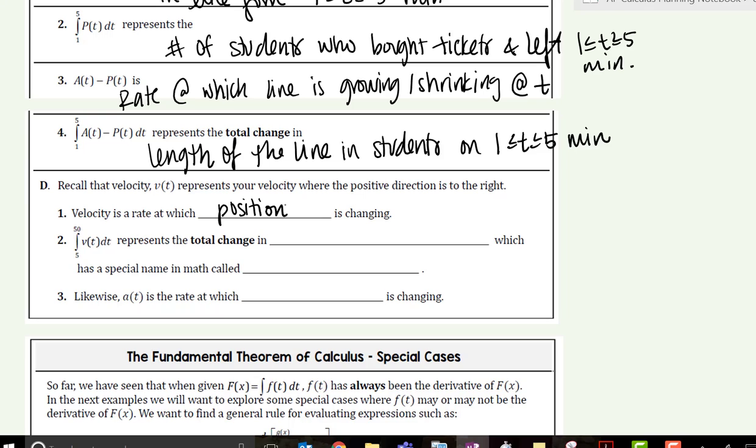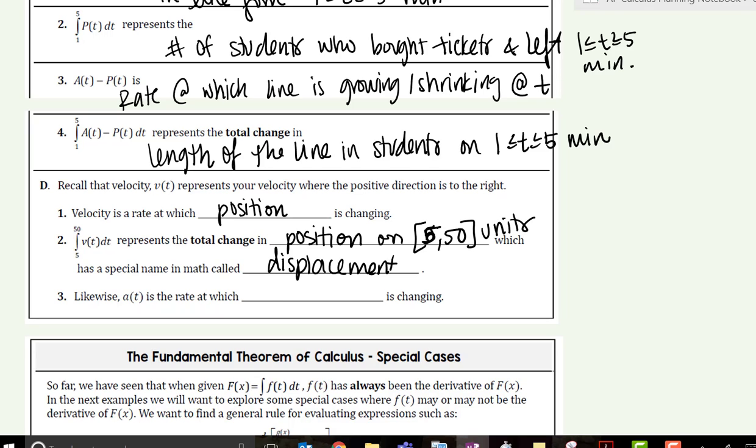Because you go from position to velocity to acceleration. So if you have a velocity function and I'm integrating from 5 to 50, this is your total change in position on the interval, 5 to 50 units. And this special name, you may have seen this in physics, is called displacement. So this is your total displacement.